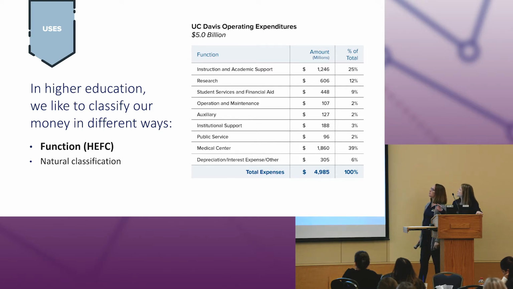This is 19? Is this the budget for 19? 18 actuals, I think. All right, but you can see the different classifications, the medical center being the largest one, instruction and academic support being another one. And when we talk about the function code, this is really how we get compared across other universities.